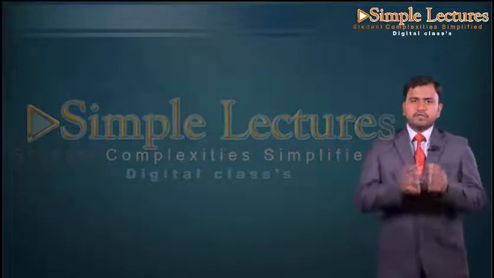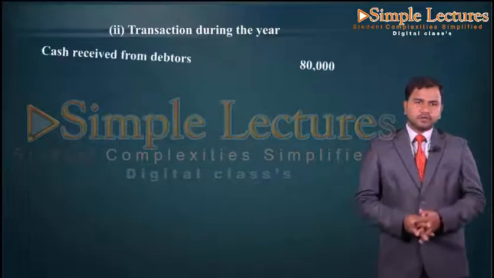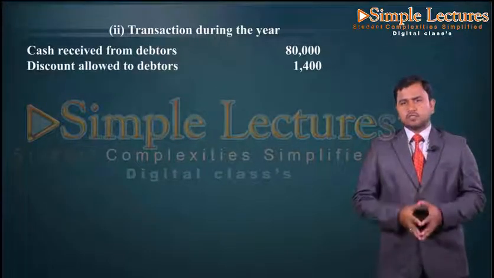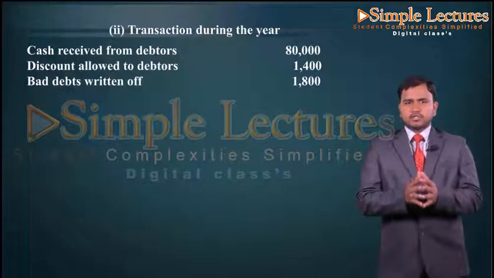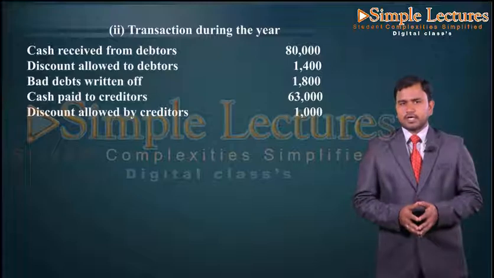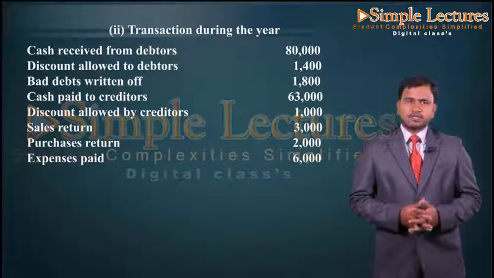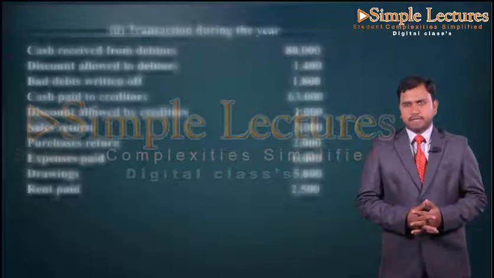Then we have the transactions during the year, in which we have cash received from debtors, discount allowed to debtors, bad debts written off, cash paid to creditors, discount allowed by creditors, sales returns, purchase returns, expenses paid, drawings, and rent paid.